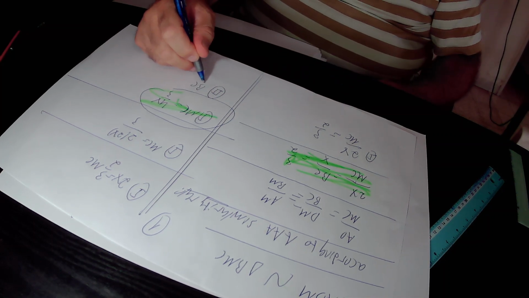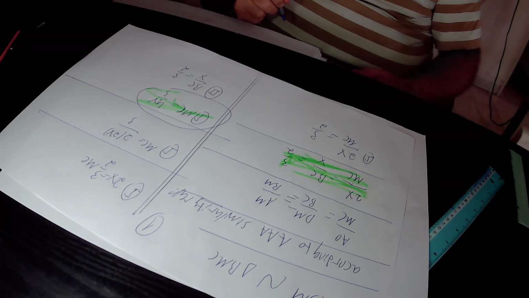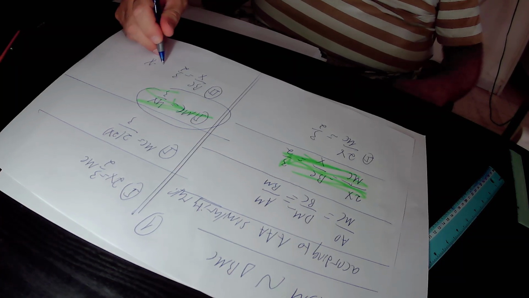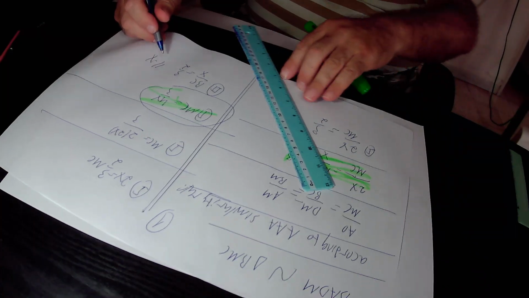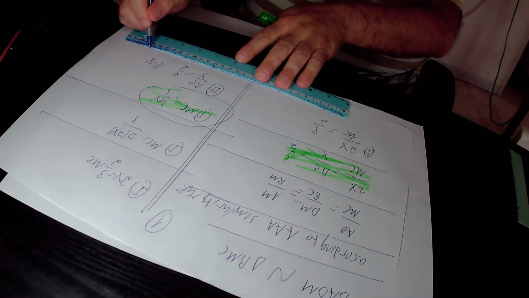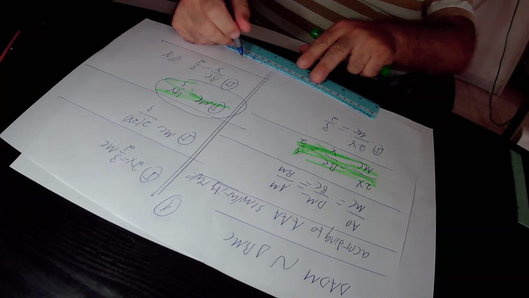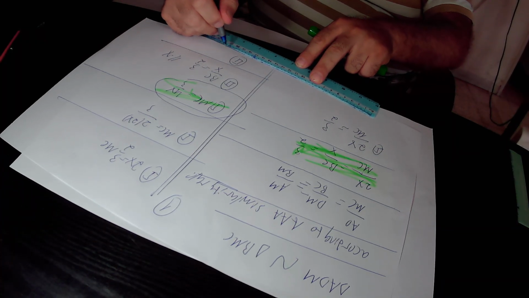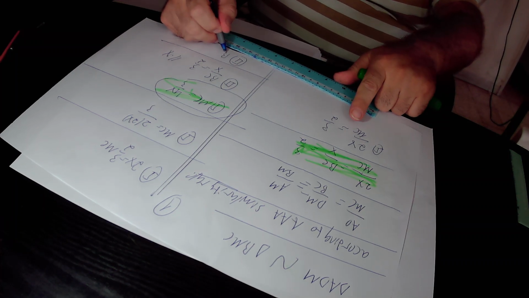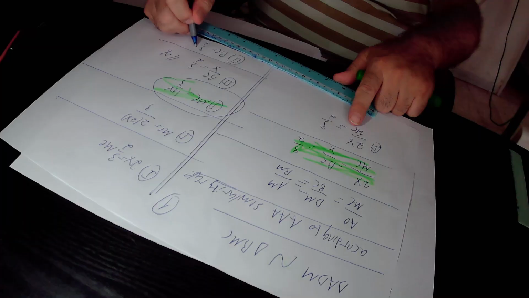Here we will multiply equation 2 by x, and we get that BC equals 3/2 times x.